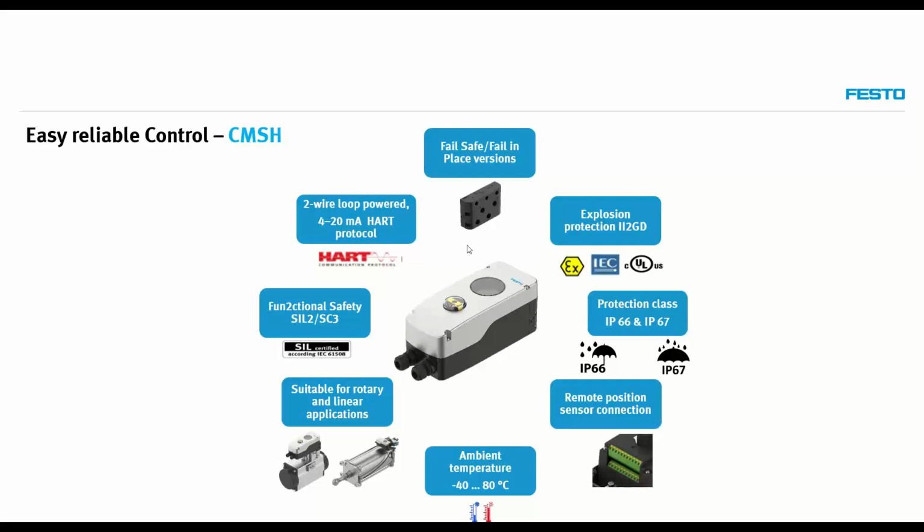So by selecting the correct end plate, you can determine the function of the CMSH. Also, the CMSH can be connected to an external position sensor in order to have easier access to the positioner, or for extreme ambient conditions, such as continuous vibration in the operation.